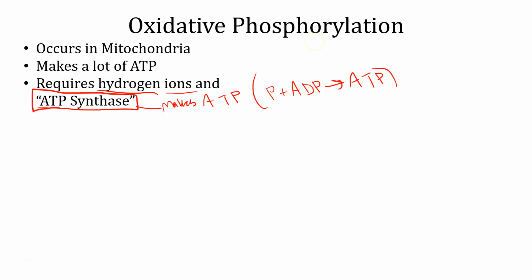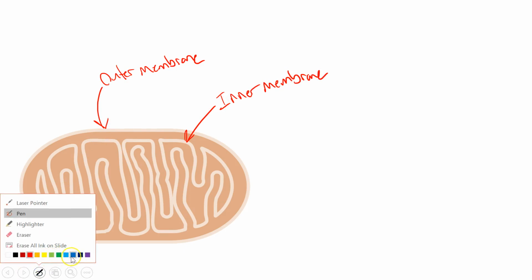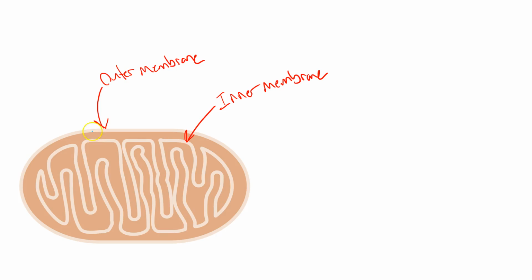All right? Okay, so here's where we are. We're talking oxidative phosphorylation, and we're inside the mitochondria. Now, I quickly want to point out some of the features of a mitochondria. There are 2 membranes to a mitochondria. There's the outer membrane, and there is the inner membrane. There's a pretty important region of space here called the intermembrane space.